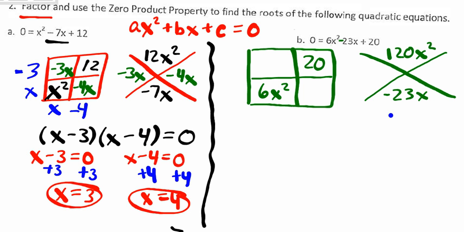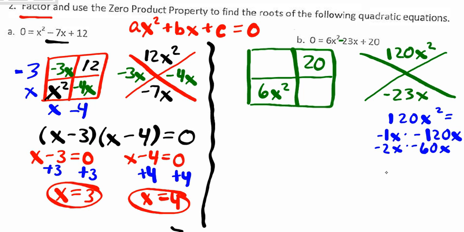So if we take 120x squared, we know that 120x squared would be negative 1x times a negative 120x. Okay, that doesn't give us the sum that we need, so we could do negative 2x times a negative 60x.